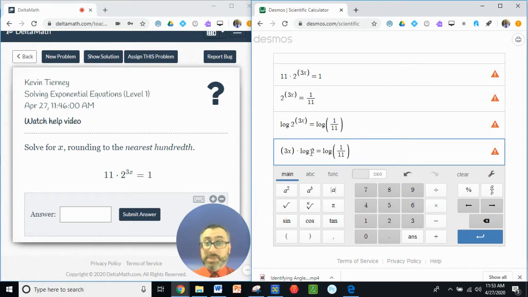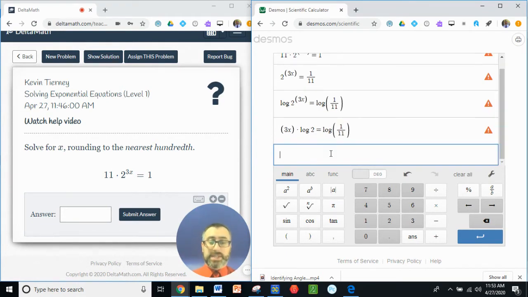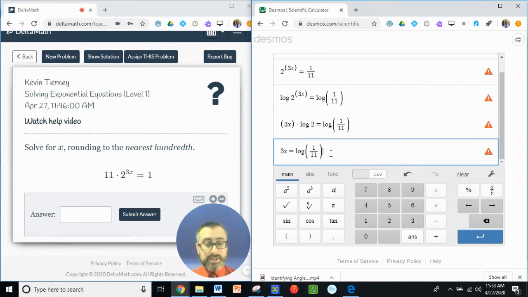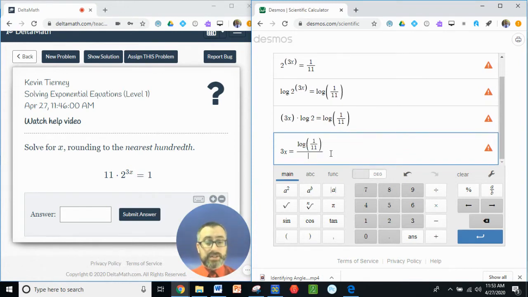Again, I see some multiplication that I can undo. This 3x needs to be isolated, so I'm going to divide both sides by log 2, leaving me with 3x equals log of 1 over 11 all over log 2.